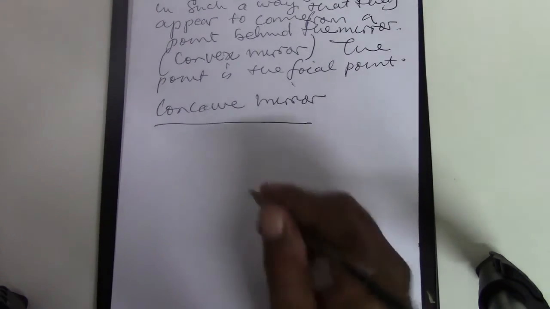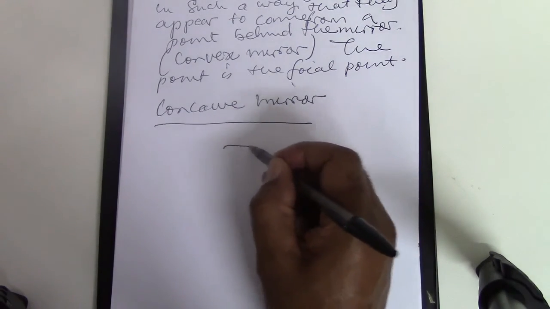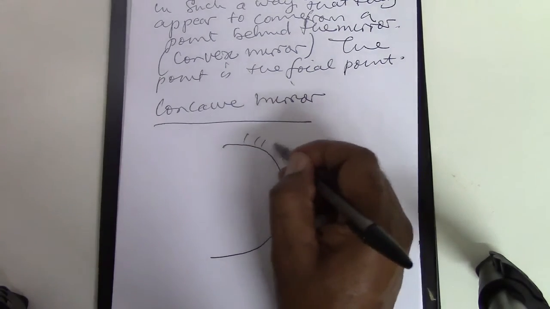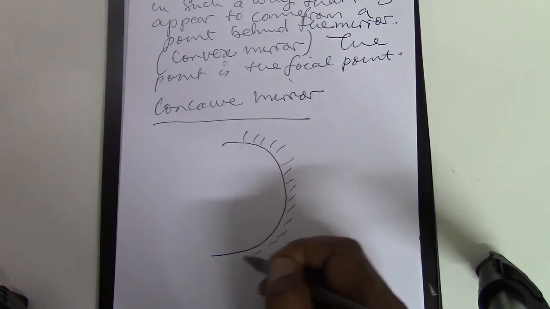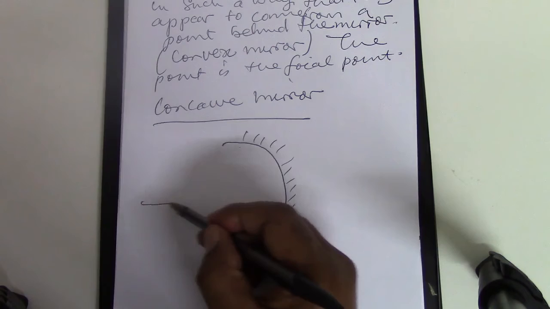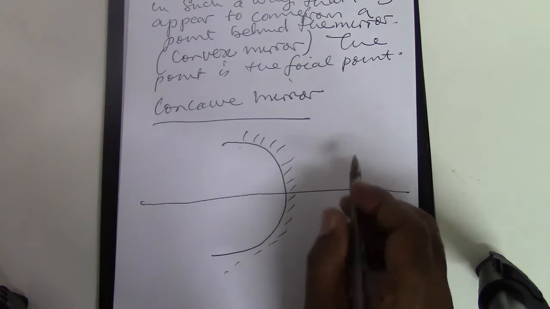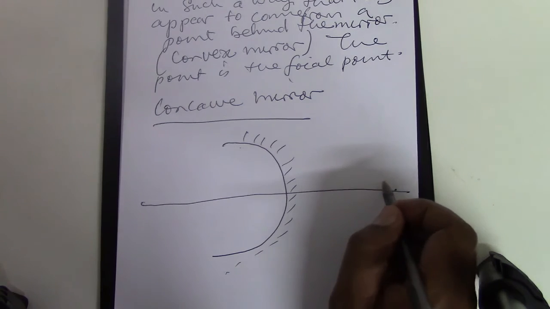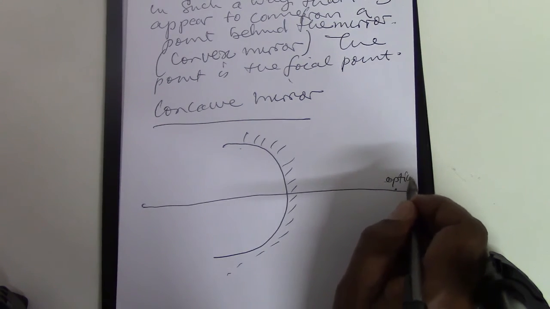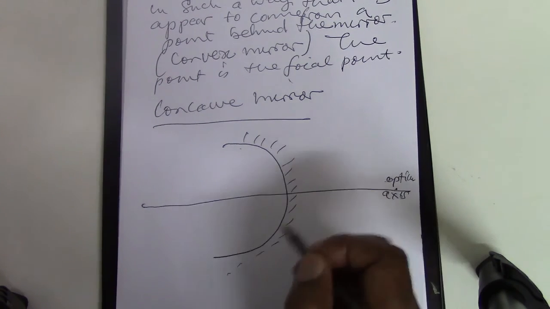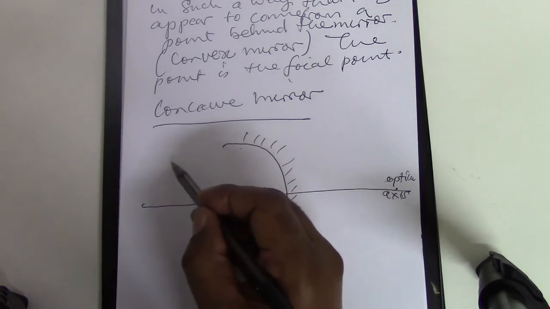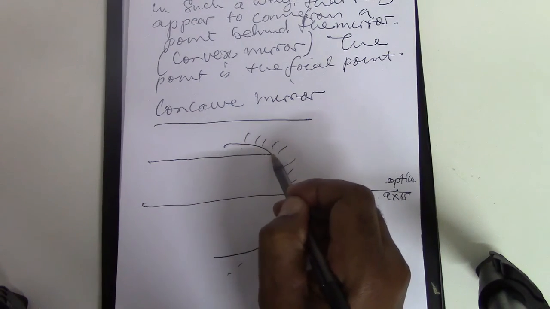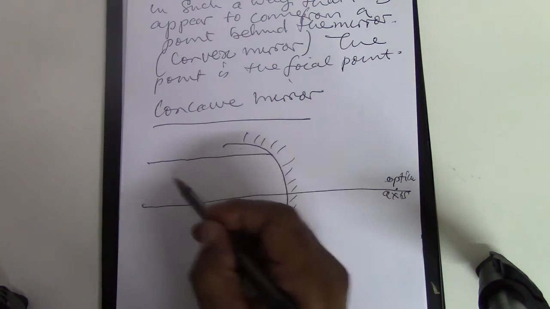So diagrammatically, let's suppose I have a concave mirror like this. And remember we said this is the non-reflective side. And then here I have my optical axis or principal axis. Right. This is my optical axis. Now, what we were saying is that when light rays come, they strike the mirror like that.